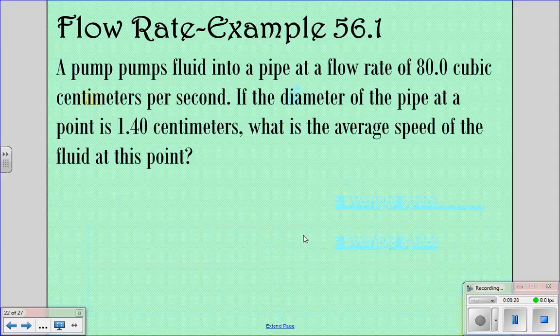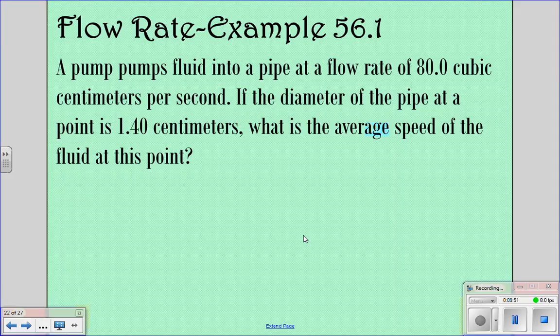So let's look at an example. A pump pumps fluid into a pipe at a flow rate of 80.0 cubic centimeters per second. If the diameter of the pipe at a point is 1.40 centimeters, what is the average speed of the fluid at this point? So we're going to use our formula.